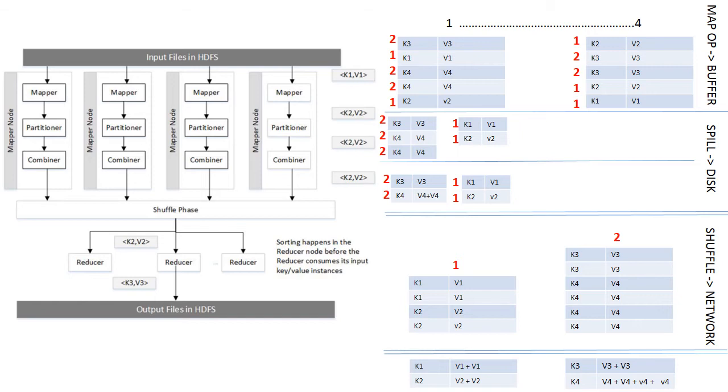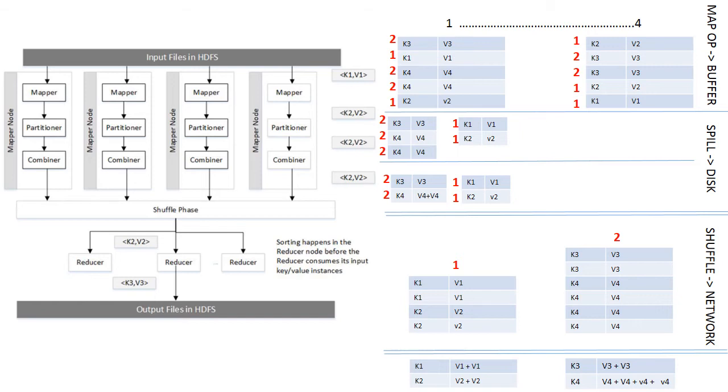This is how the partitioner works. The basic function of the partitioner is to chunk up this data in a meaningful way. What do we mean by that? You take the keys and you compute some hash function. The keys could be anything. They could be arbitrary strings or numerical values, or even floating point numbers.